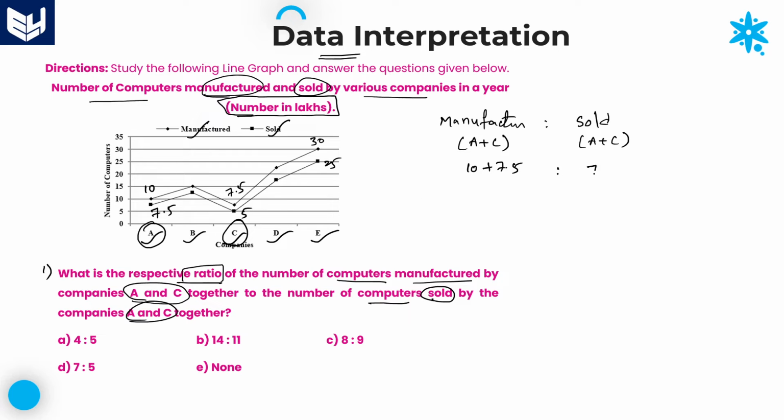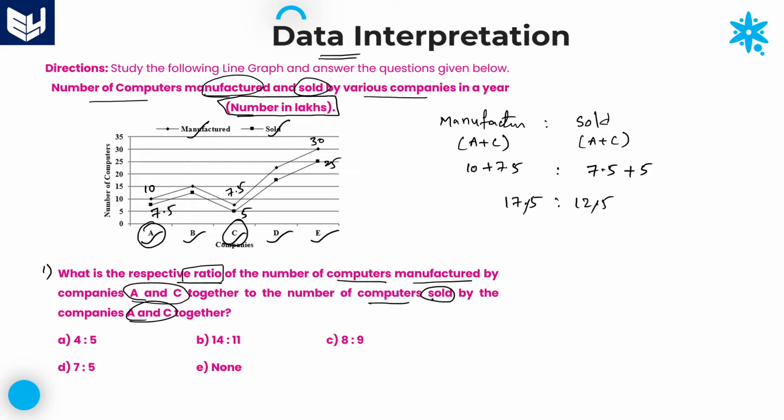Now you just add these two. 7.5 lakh computers are sold from company A, and 5 lakh computers are sold from company C. Right? Now you just add these two. What you will get? 17.5 is to 12.5. Here the decimal points are both cancelled.